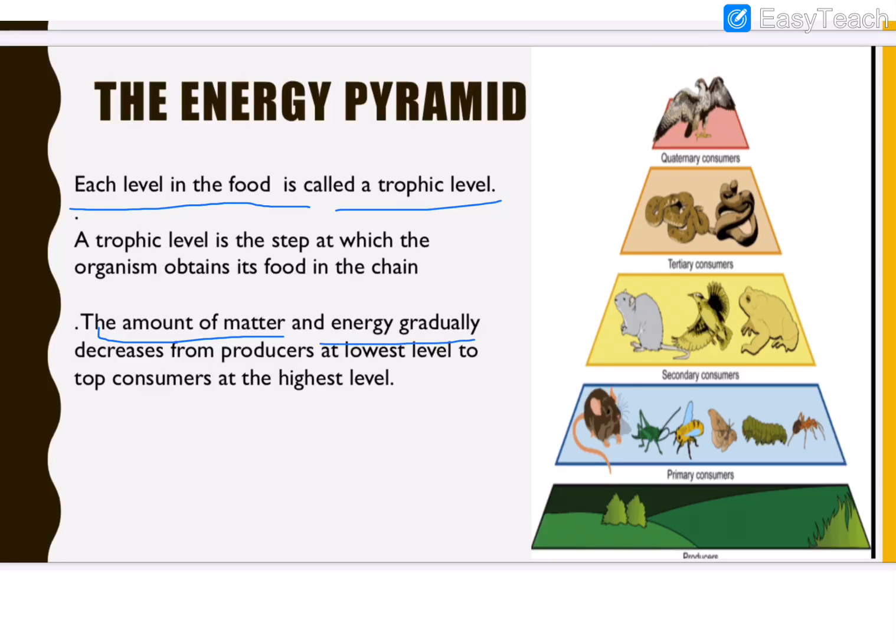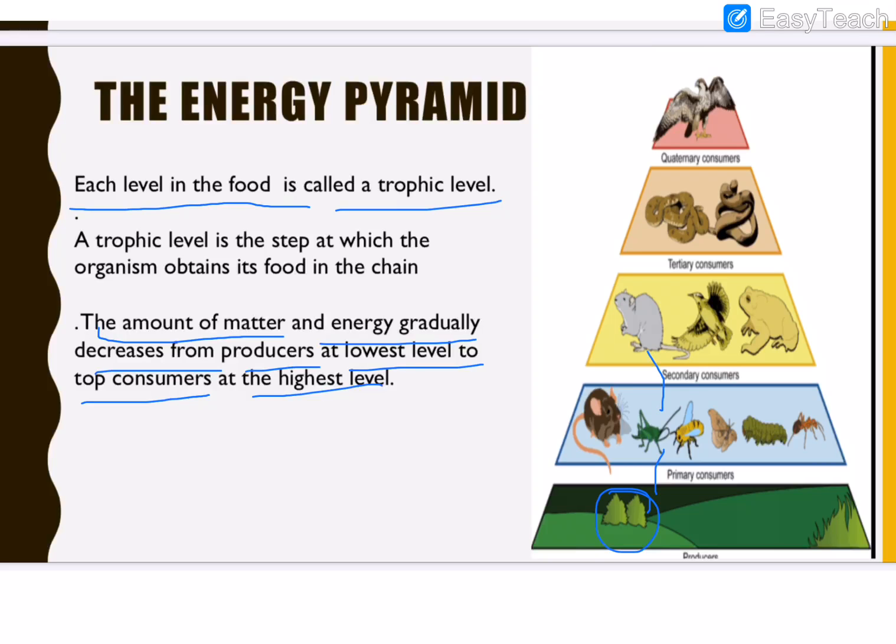The amount of matter and energy gradually decreases from producers at the lowest level to the top consumers at the highest level. Producers means plants. Plants are eaten by grasshopper, so grasshopper gets the maximum amount of energy.